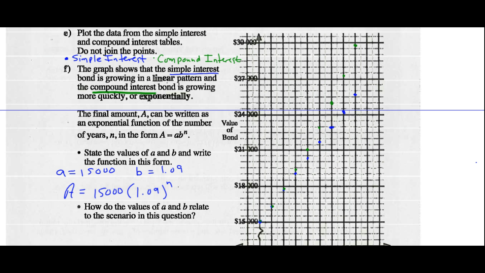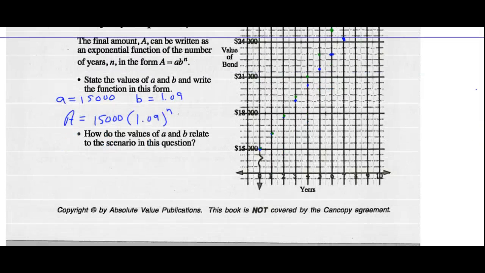How do the values A and B relate to the scenario in this question? Well, A is the initial investment, or the principal. And B is the annual interest rate expressed as a decimal added to 1.